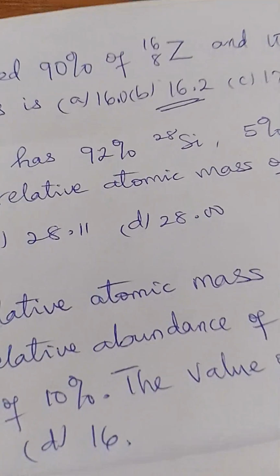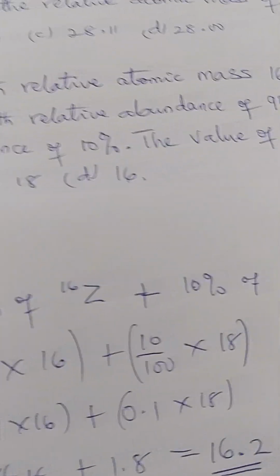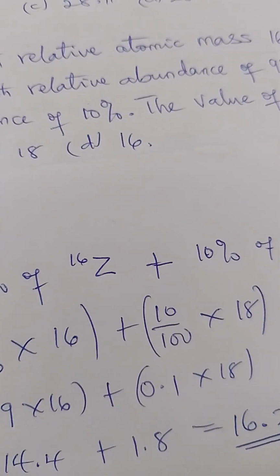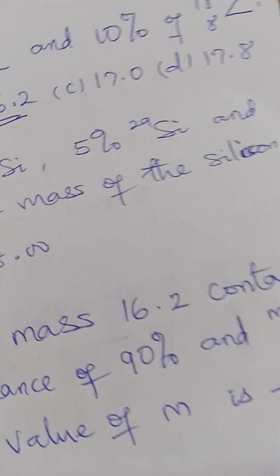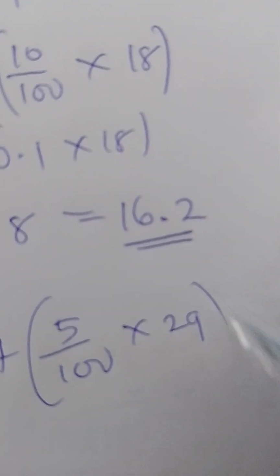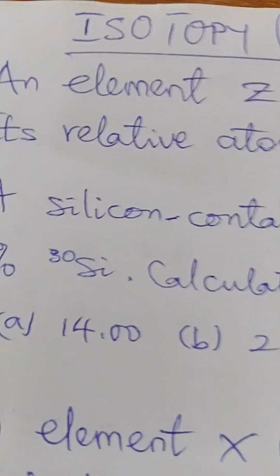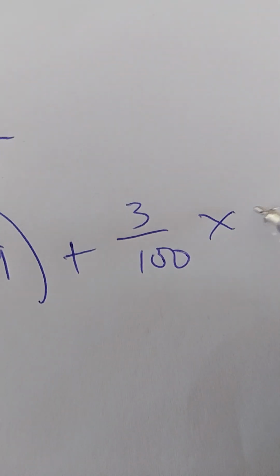So that will be times 28, plus 5%, that's 5 over 100, times the other one, that's 29. I hope you are getting it. Plus the third one, which is what? 3%, that's 3 over 100, times 30.